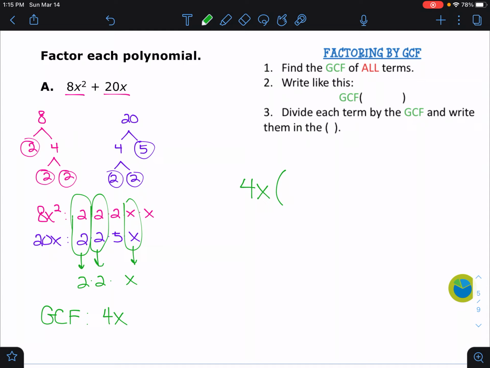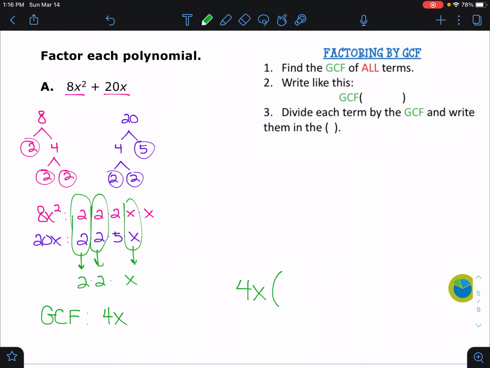Okay, so now remember, I'm really kind of thinking what times this would give me my first term. In this case, that would be 8x squared. So I'm going to work backwards. If I have multiplication, I'm going to go backwards. Opposite of multiplication is division. So I'm going to start by seeing if I can, actually I might move this here a little bit. Okay, so this will be my final answer.